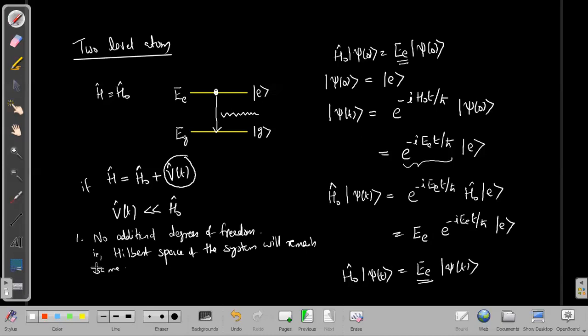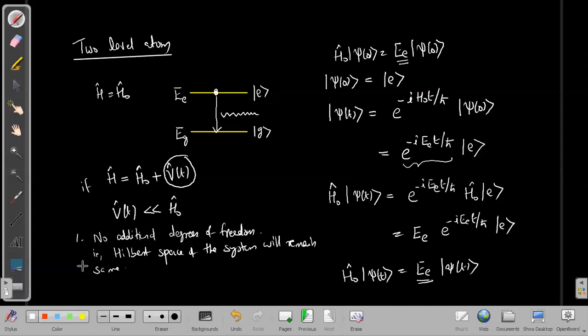Suppose in certain cases, if you have a very strong perturbation, then we may have to introduce new degrees of freedom like spin. Initially we may not consider the presence of spin in the free Hamiltonian, but if we apply a very strong perturbation, for example a very strong magnetic field, then that strong magnetic field can induce new degrees of freedom like spin.